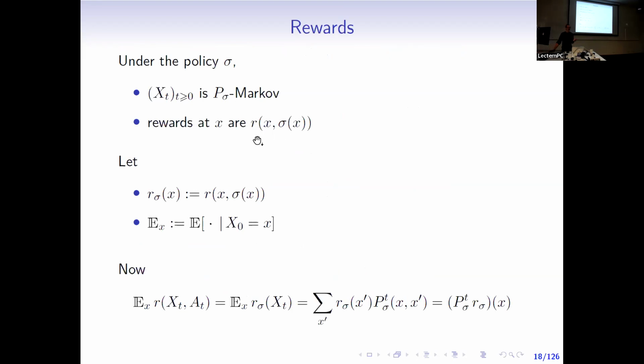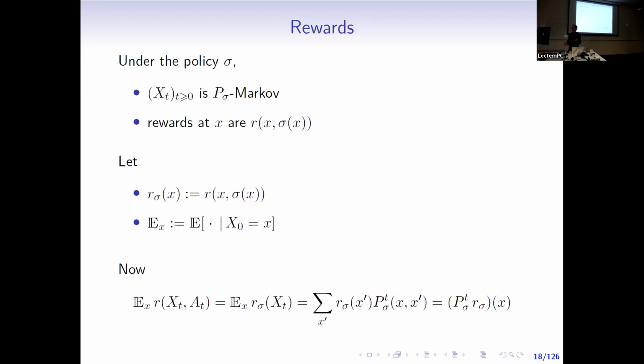Rewards are now just a function of the state, because I know how I'm going to act at every state. So I'm just going to write R sub sigma here to remind me that this is now just a function of the state, given the policy. And now I can compute this expected reward, conditioning on starting at x. So that's the starting condition.